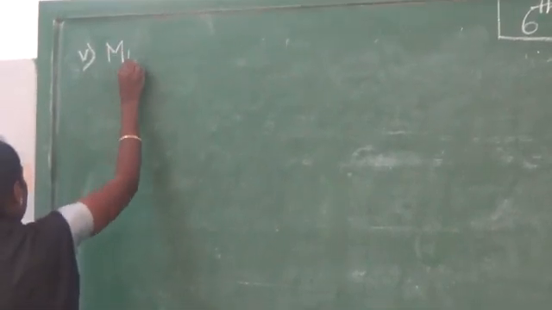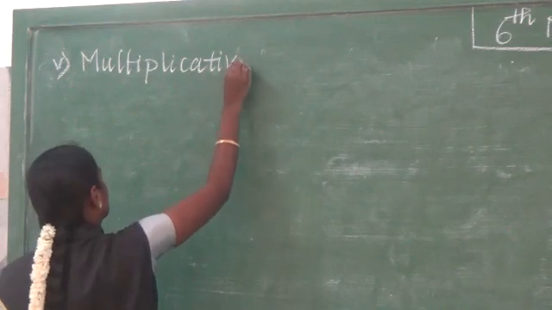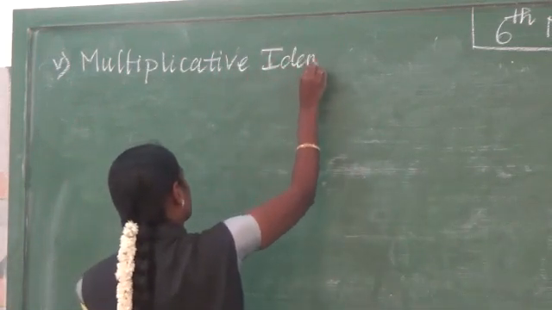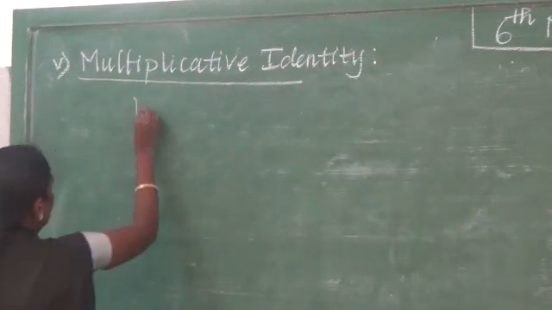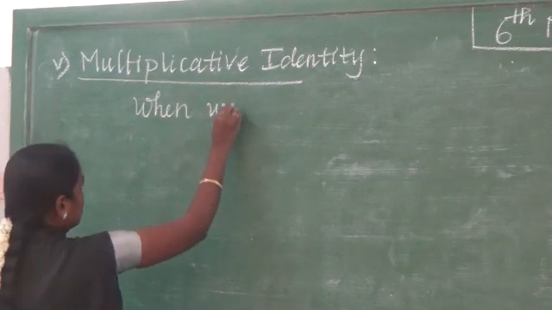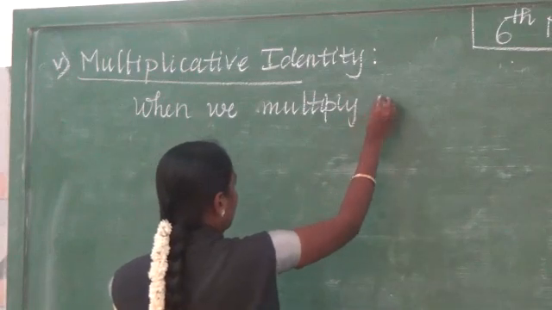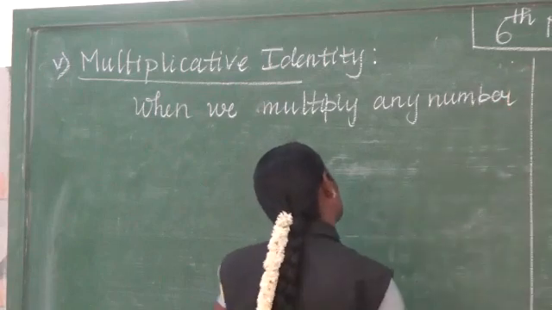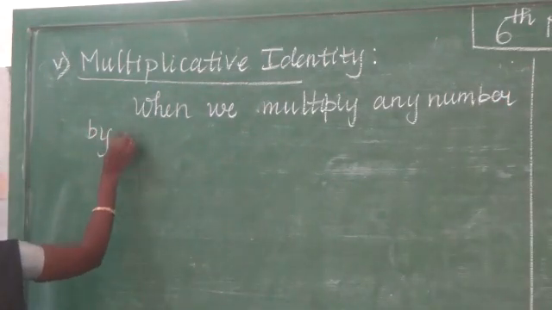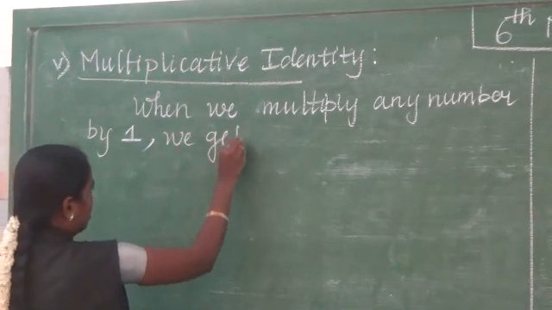Okay, next property is multiplicative identity. What is the property? Multiplicative identity. When we multiply any number by 1, we get the same number.